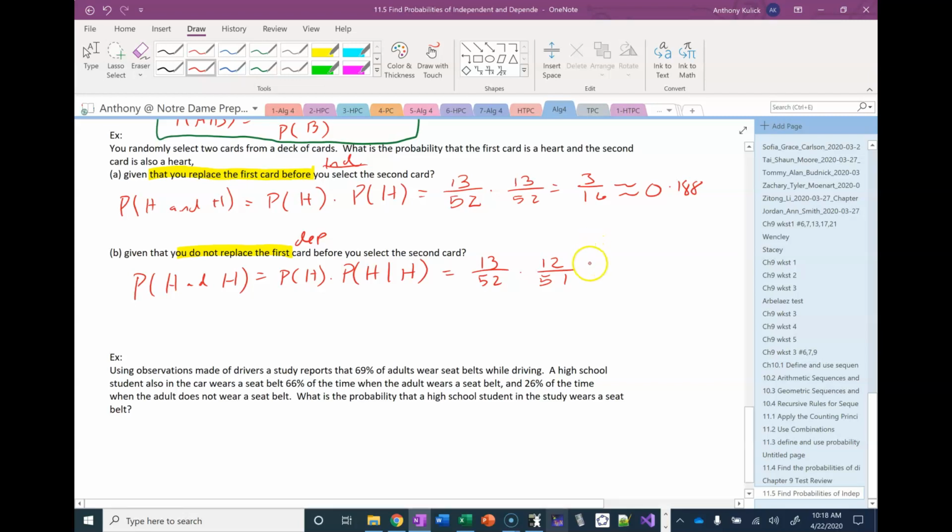So when I multiply this out and reduce, I get 13 out of 68, which is about 0.191. Okay.